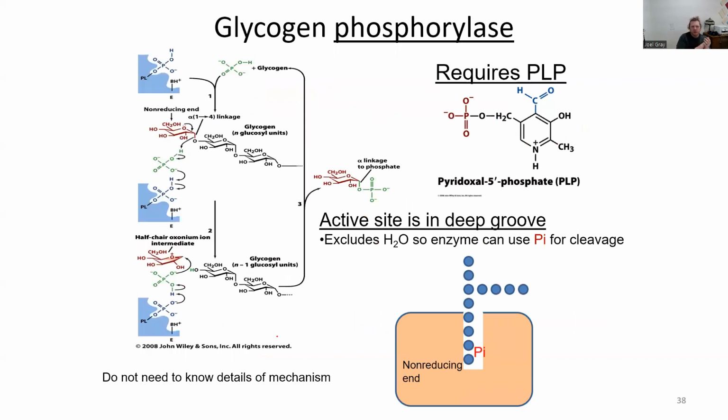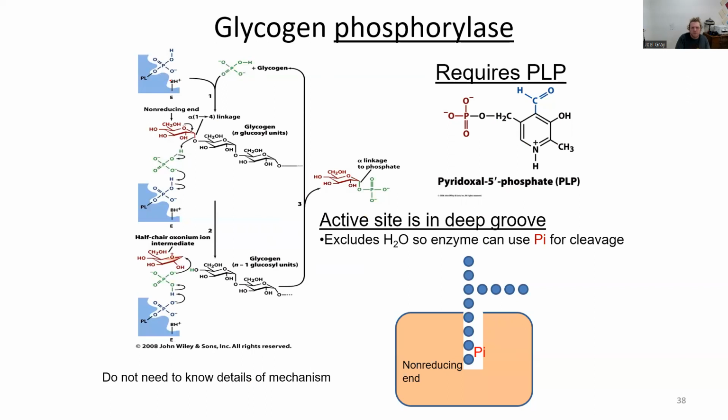What this is showing here is our mechanism for glycogen phosphorylase. We've got an inorganic phosphate molecule right here and our glycogen molecule.